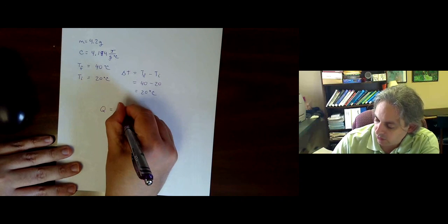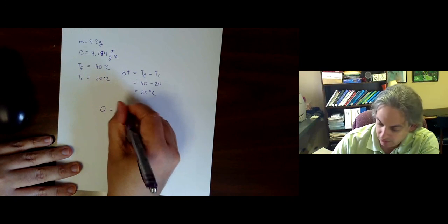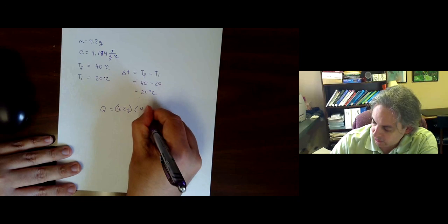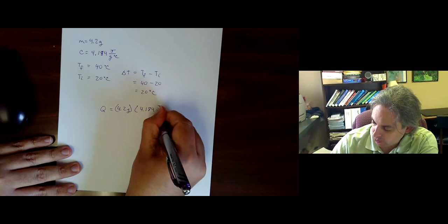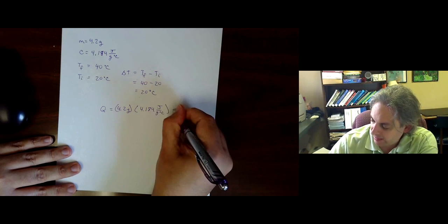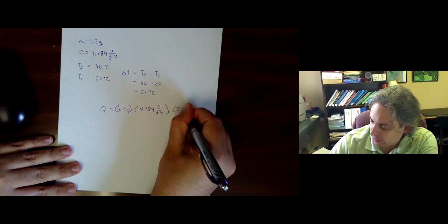Q is equal to 4.2 grams times the specific heat, 4.184 joules per gram degree C, times our change in temperature, 20 degrees C.